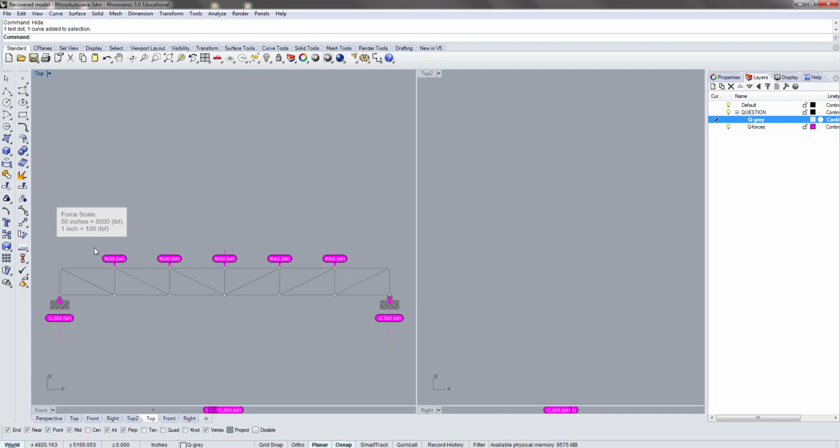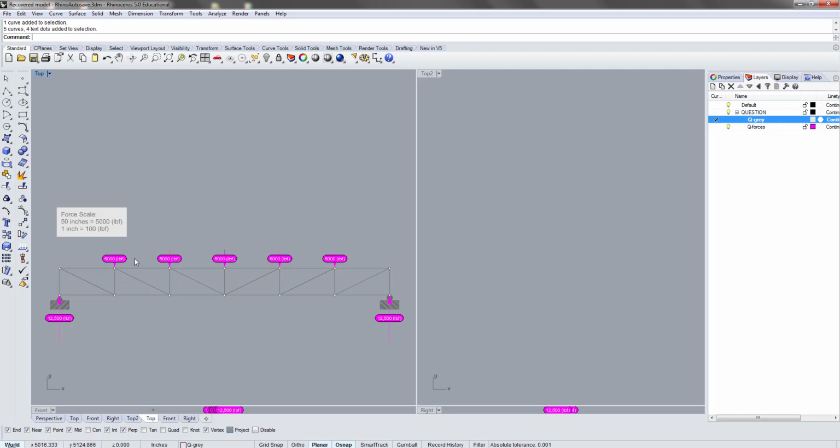Secondly, because this is symmetrically loaded, it's fairly simple to conclude that the reactions would be equal, and each one of these is half of the total load that's being applied.